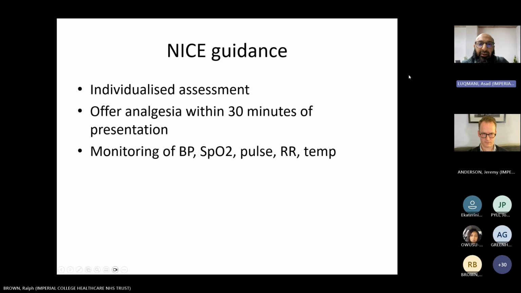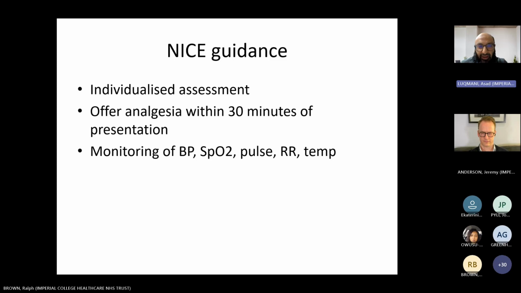I'm just going to highlight the main points that were recommended in the NICE guidance. It's quite a long document, but essentially what they recommended is that an individualized assessment is done for each patient, so patients are not all treated the same, and that they're offered analgesia within 30 minutes of presentation.